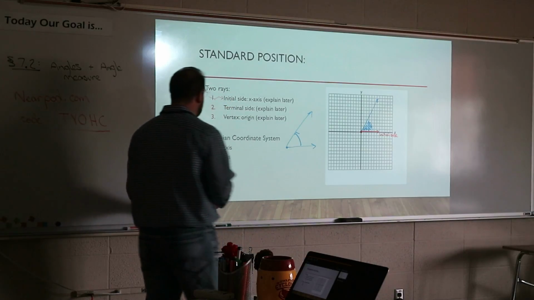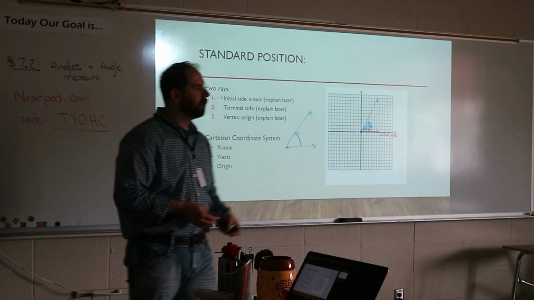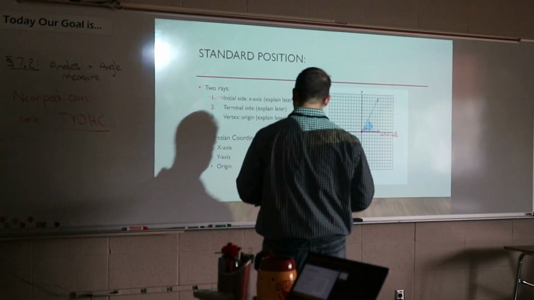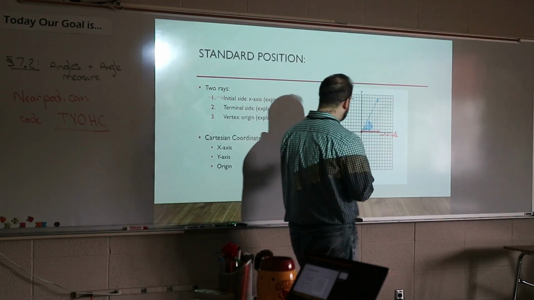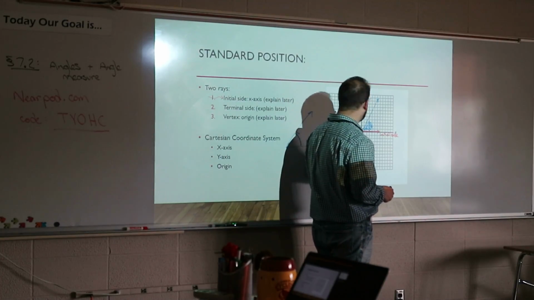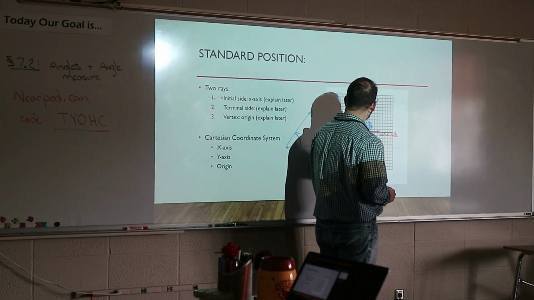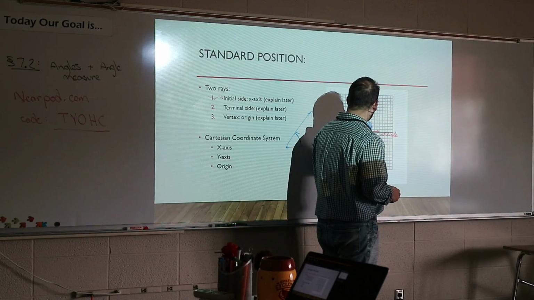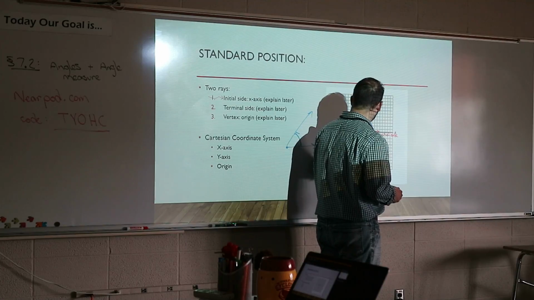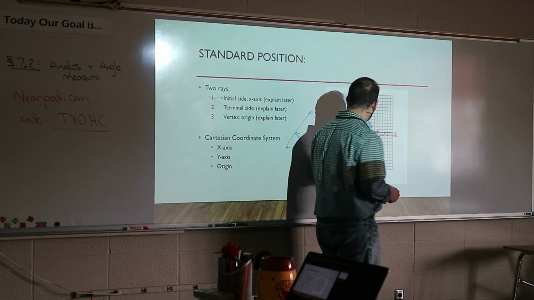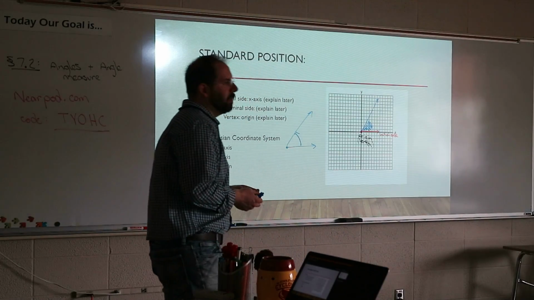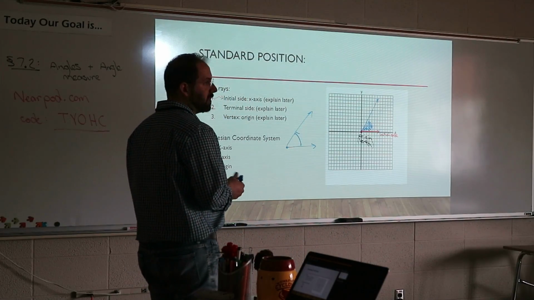But again, the big thing was, are you hitting the origin? Now, the origin, by the way, is the crosshair. On this picture, we still have to label. I want you to label this spot right here, right where your dot was. Label the dot with origin or vertex.